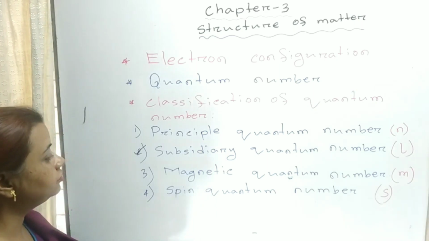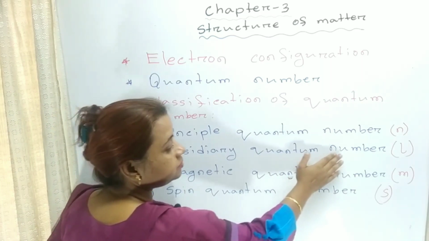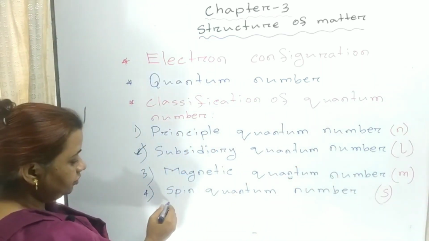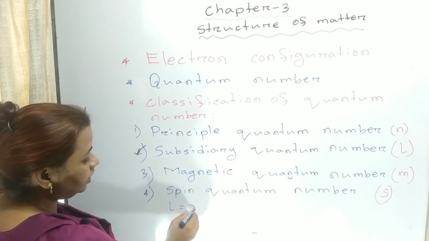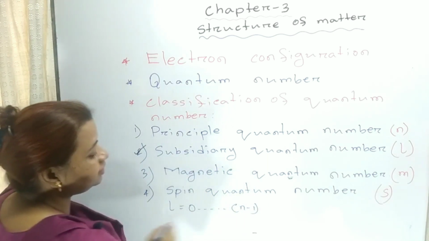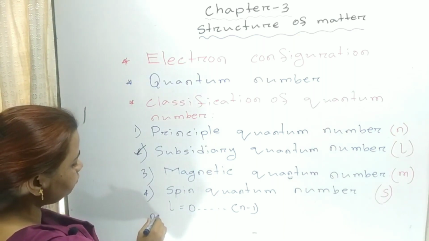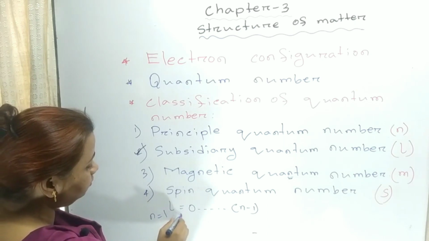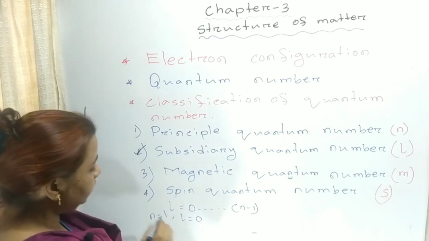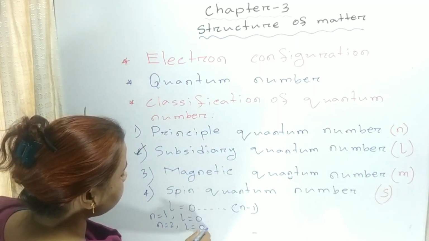Now, come to subsidiary quantum number. Subsidiary quantum number is expressed by small l, and the value of l starts from 0 and goes up to n minus 1. So whenever n is equal to 1, the value of l is 0. Whenever n is equal to 2, l is 0, 1.